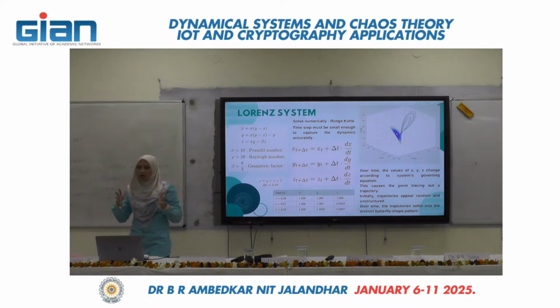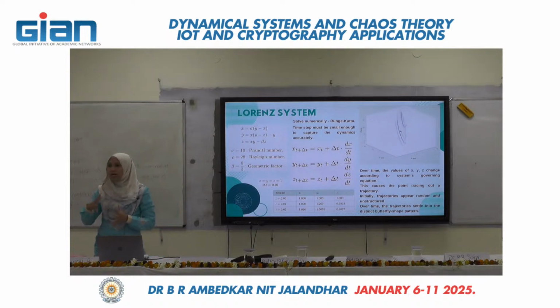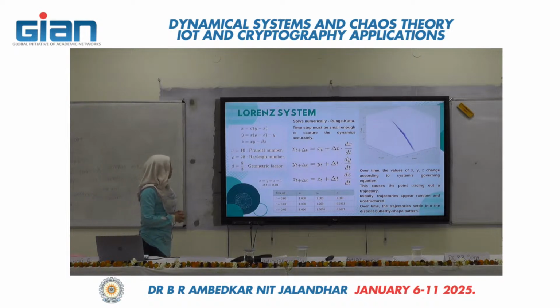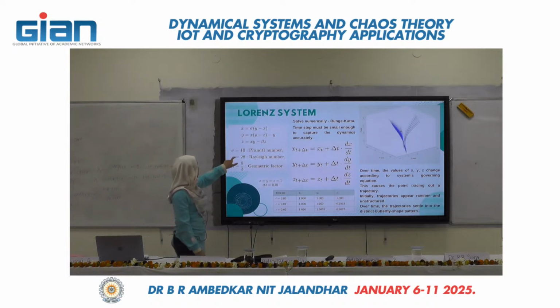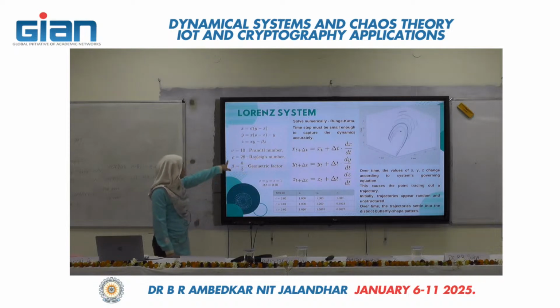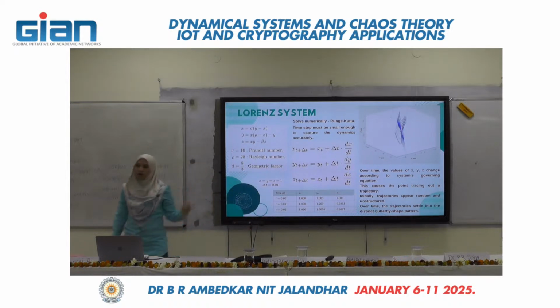So basically, at that particular time, Lorenz thought this was a very simple and deterministic equation. So he didn't think about such complex behavior occurring in this system. Okay, so we have sigma, rho and beta. Sigma is the Prandtl number, rho is the Rayleigh number, and beta is actually a scale factor, or we call it a geometric factor.